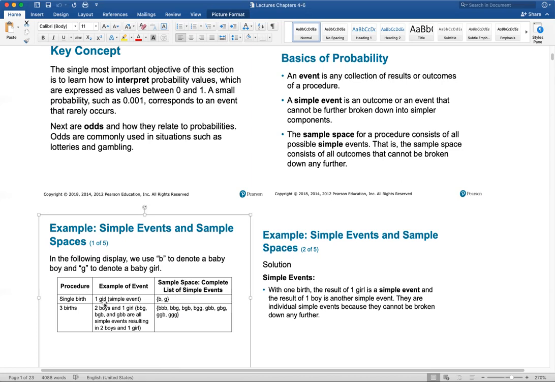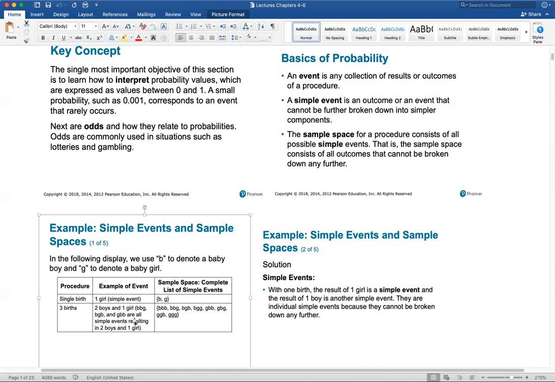Next, 3 births. The married couple has planned to have 3 babies. Let's figure out the probability that we have 2 boys and 1 girl. BBG, BGB, and GBB are all simple events resulting in 2 boys and 1 girl.